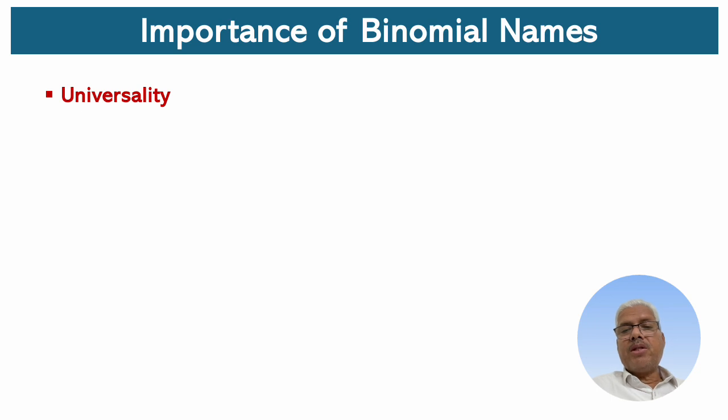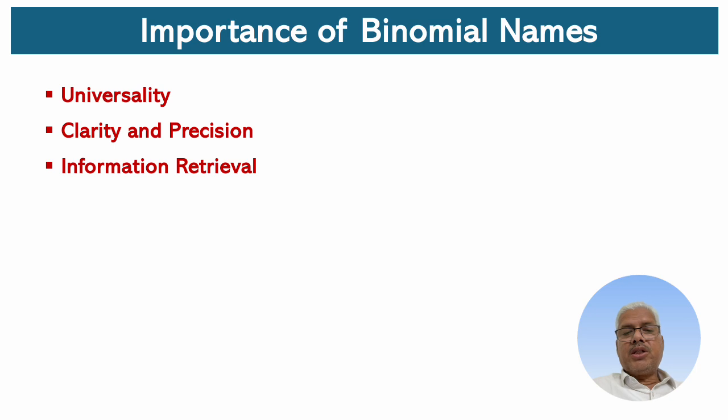A scientist in Brazil and a scientist in Japan can be sure they are discussing the same organism when they use a binomial name. Each binomial name is unique to one species. This avoids the ambiguity that arises when the same common name is used for multiple species or when one species has several common names.